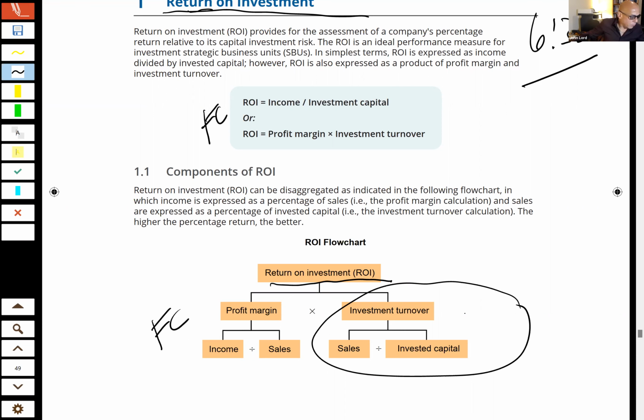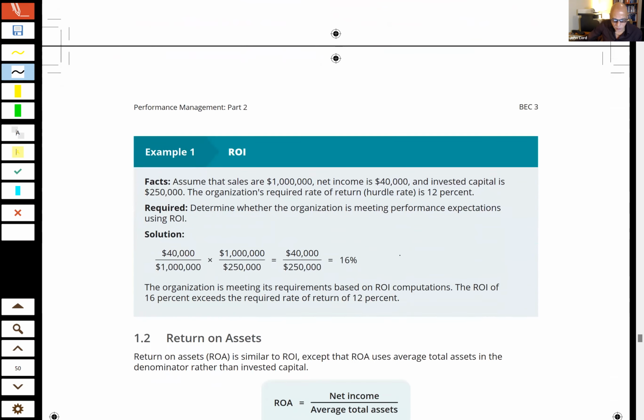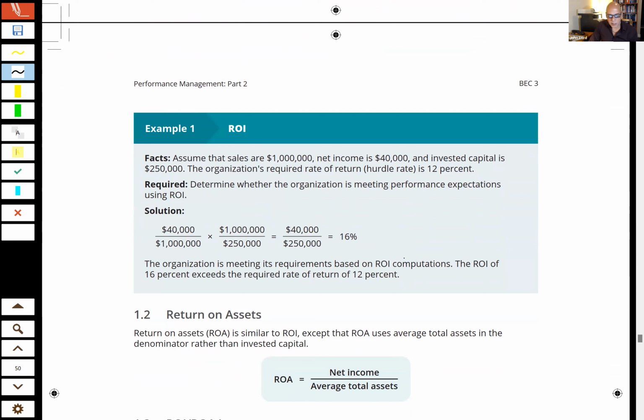Now you come over and take a look at this example. They told us to assume that sales are $1 million, net income is 40,000, invested capital is 250,000, and they asked me to figure out the ROI. Well, I could just do it right there by taking the 40,000 and dividing it by the 250,000, the amount of the invested capital, and I can come up with the answer that way as well.